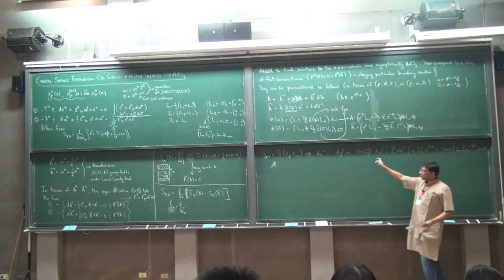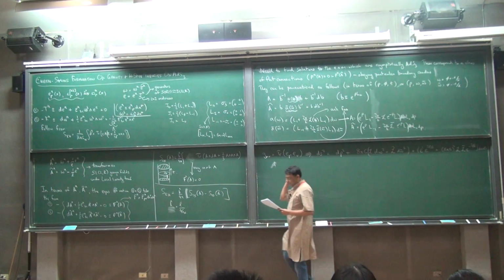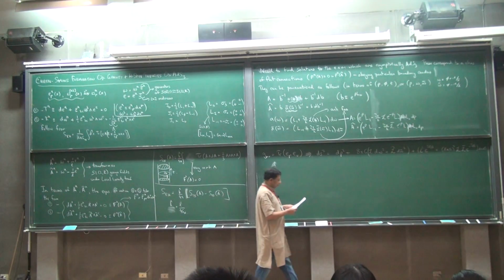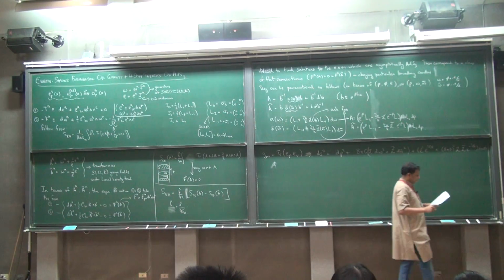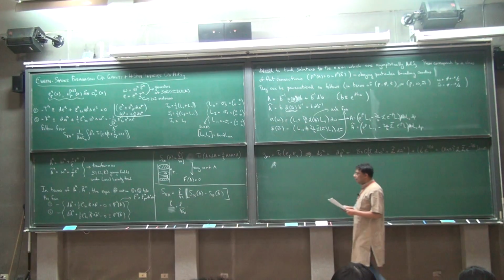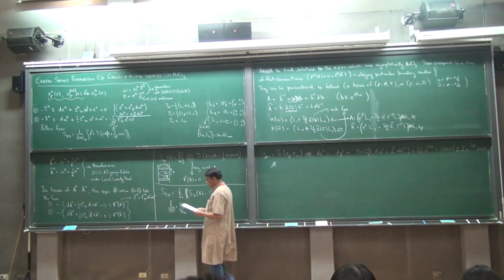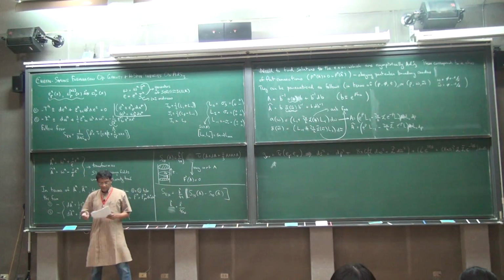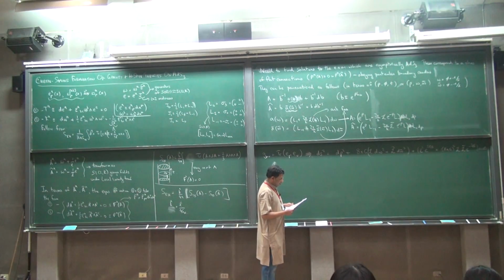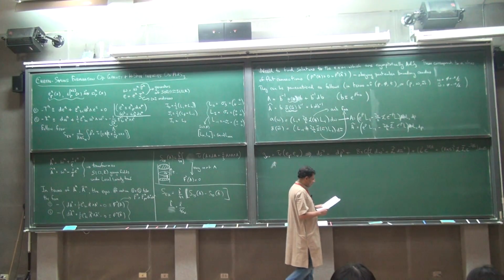By the way, right now I've gone to the Euclidean picture, because we can always look at the Minkowskian signature by a Wick rotation, but it's convenient at this stage to talk in the Euclidean picture.